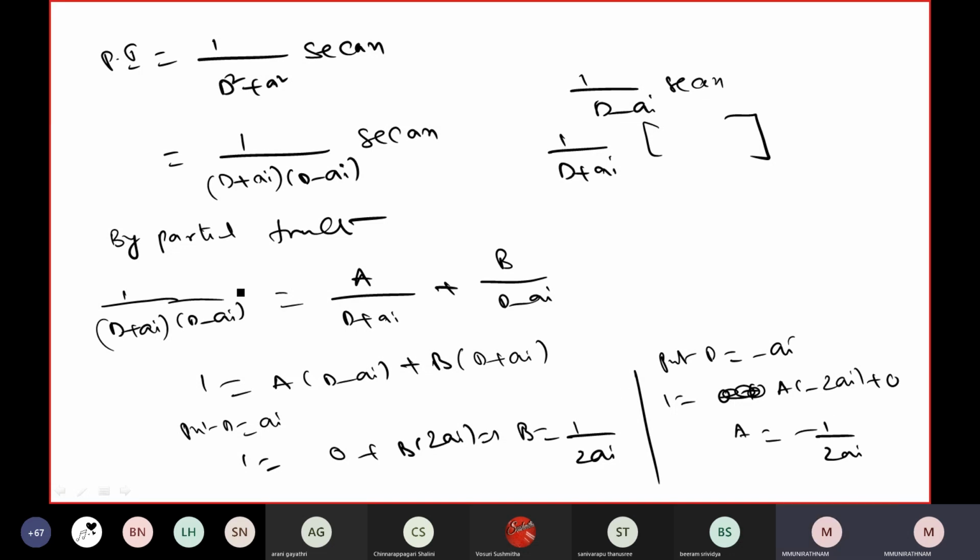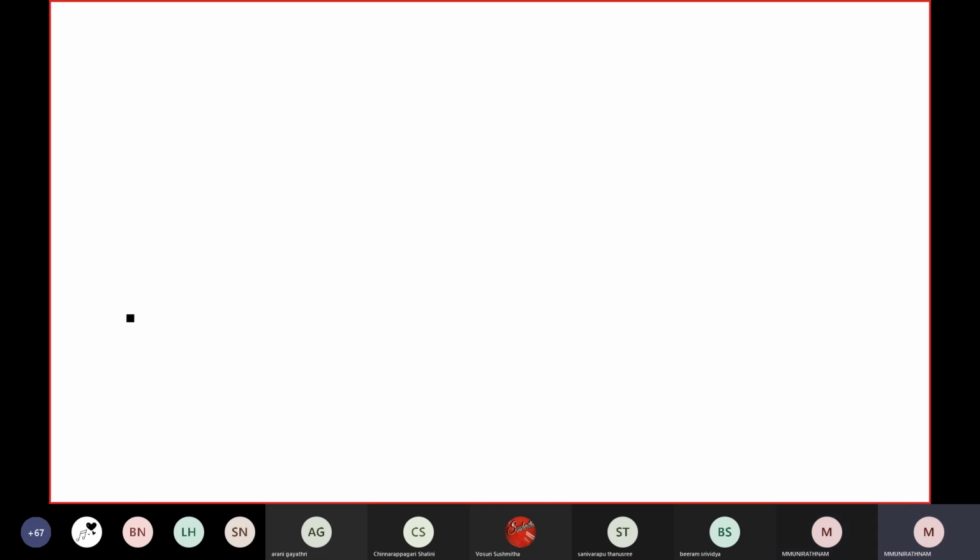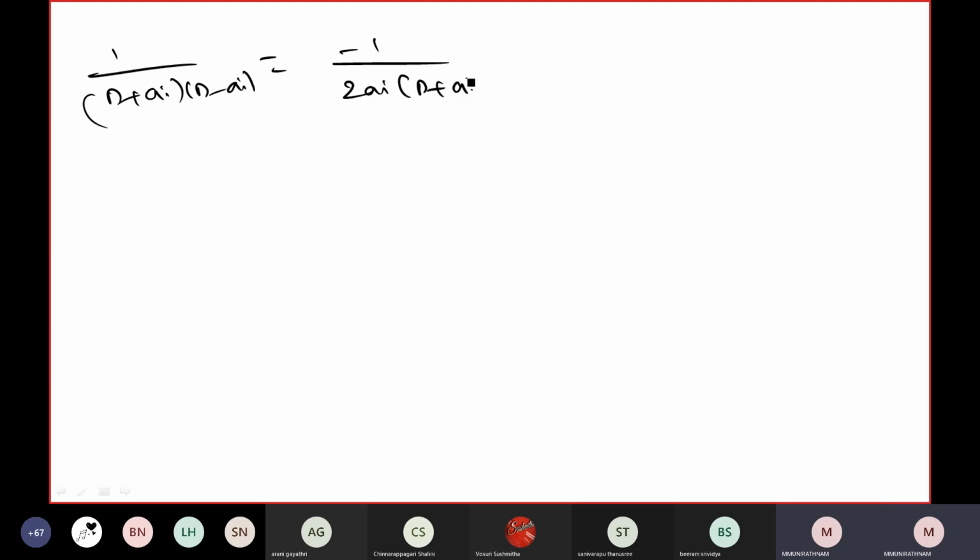So replacing, 1 by (D plus ai)(D minus ai) equals minus 1 by 2ai into (D plus ai) plus 1 by 2ai into (D minus ai).